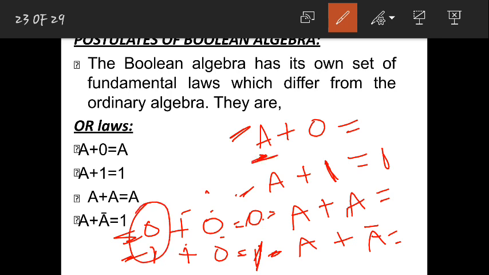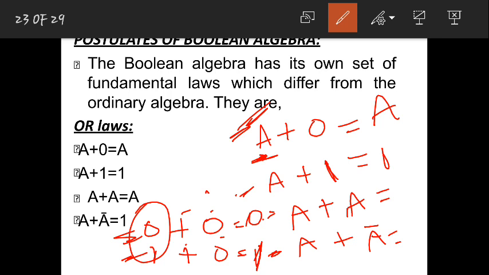So A or 0 means you will get A itself. If something is ORed with 0, then the result will be that something. In the time of the exam, if you get confused, simply take that postulate and substitute the variable with 0 once and 1 once. Once you substitute that, see the result you are getting.